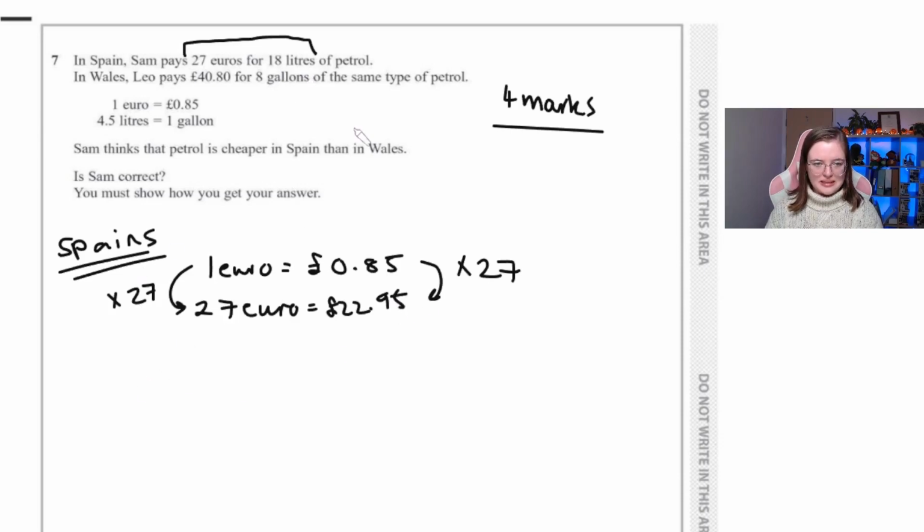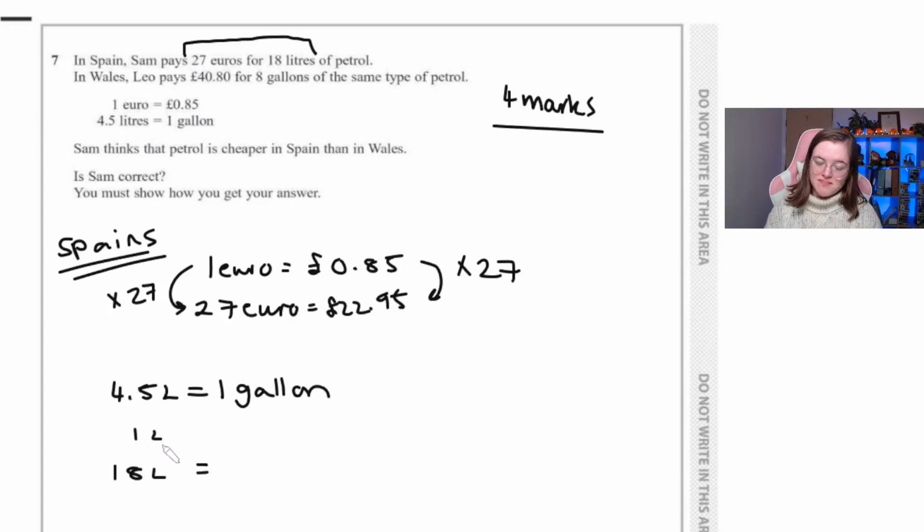Let's do the litres. So we know that 4.5 litres is 1 gallon. And I want to know what it is for 18 litres. So what I'm going to do is maybe get it to 1 litre first. Might be a bit easier. So that there is divided by 4.5. So I'm also going to divide this one by 4.5.